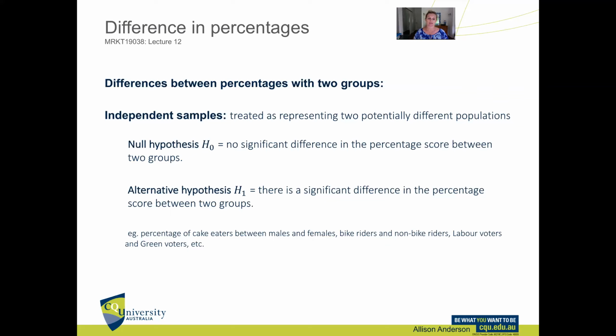Take Labor voters and Green voters: you might want to say the null hypothesis is that there is no significant difference in the percentage of cake eaters between Labor voters and Green voters. Your alternative hypothesis is that there is a significant difference in the percentage of cake eaters between Labor voters and Green voters. So I hope that makes sense.